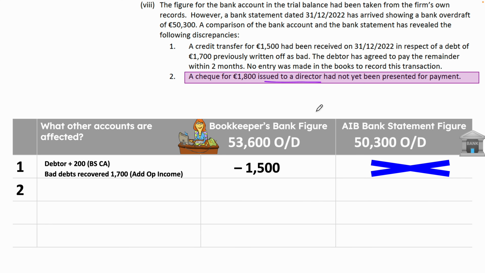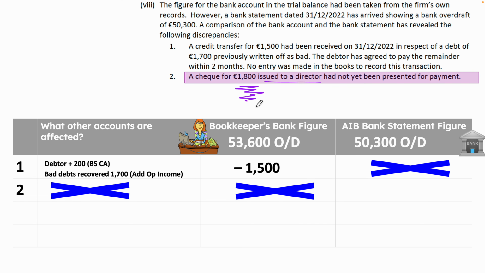They know nothing of it, but the bookkeeper does know. They wrote the cheque, they got the cheque signed, and they sent the cheque. It doesn't say anywhere that the bookkeeper hasn't recorded this, so we've nothing to do in the bookkeeper's accounts, okay? But in the AIB bank statement figure, whenever the 1,800 is cashed, it is going to increase the bank statement overdraft figure.